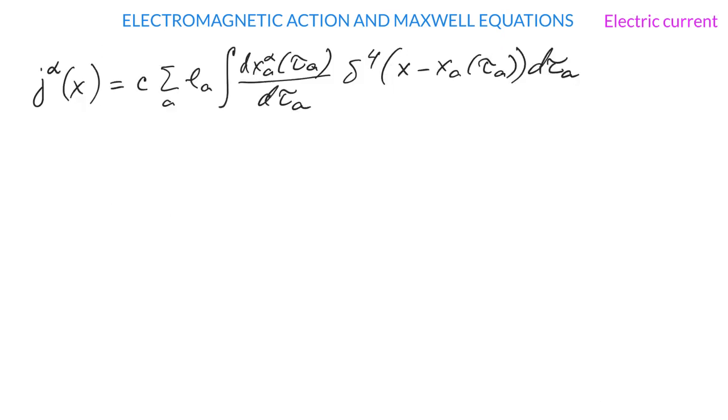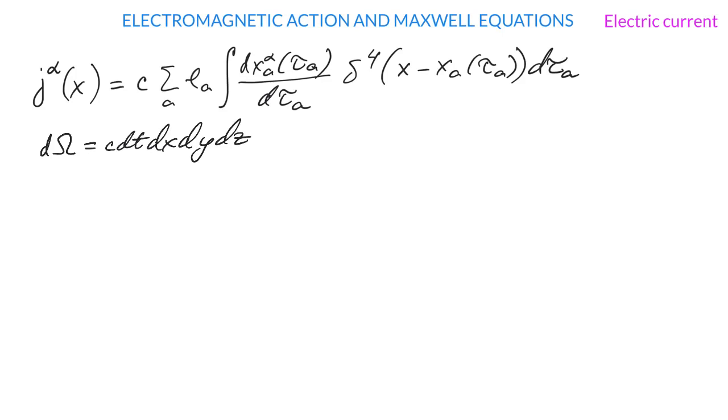There's one comment I need to make about this expression. Everything here is explicitly covariant with the exception of the delta function. So about the delta function, it's not entirely obvious. Let's think about it. How should the four-dimensional delta function transform under the Lorentz transformations? Well, first, let's consider the element of the volume in four dimensions. It's denoted d omega, and it's just the product of all differentials, dt, dx, dy, dz.